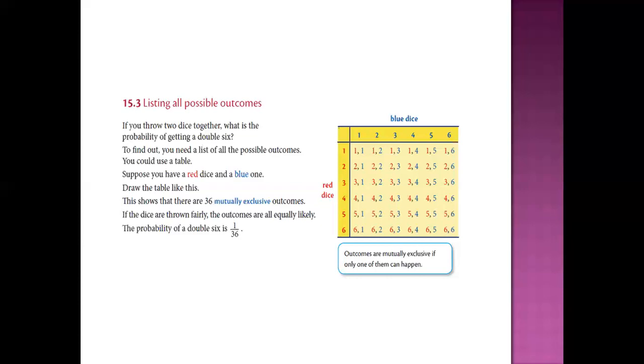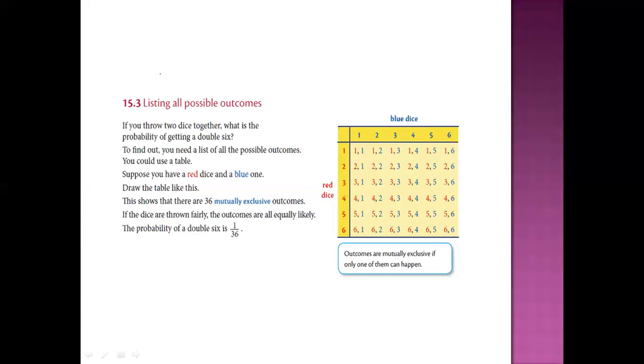Okay, so easily I want to say 1 over 36. The probability of double six, let's write it. Where's my pen?